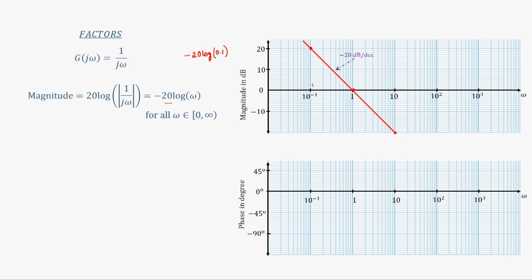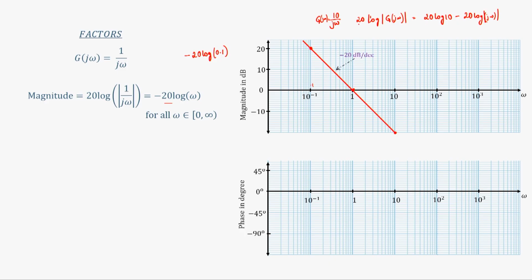Okay. So, if instead of 1 by j omega it was 10 by j omega, just for an example, if the transfer function G(j omega) came out to be this, in that case our magnitude would be 20 log of G(j omega), which will be equal to 20 log of 10 minus 20 log of magnitude of j omega.